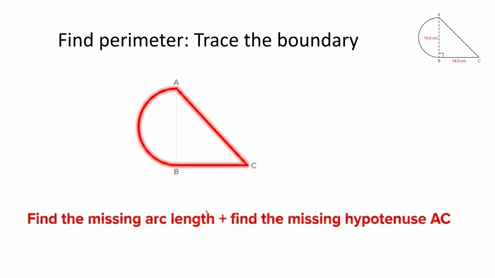Since this is a right angle triangle, this will help us to find the missing hypotenuse. To calculate this sloping side, which is the missing side, we will use 14 centimeter and this side. These are the shorter sides, and we need to calculate the hypotenuse.